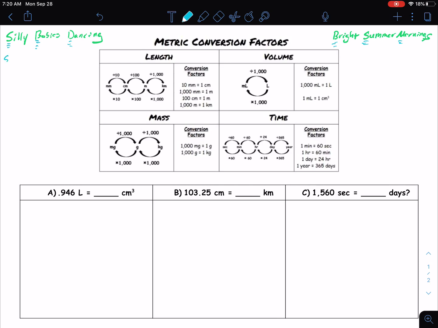Silly babies dancing is when you're going from a small unit to a big or bigger unit. You're going to divide. And when you go from a big or bigger unit to a small or smaller unit, you're going to multiply.